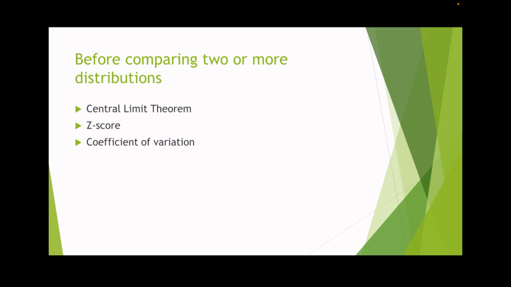A higher coefficient of variation in US for salary, is it good or bad? It is bad, because there is a wider distribution. We want a tighter distribution, a central distribution. So this is one of the ways in which we can understand the two groups, how they are different, and take some informed decision.